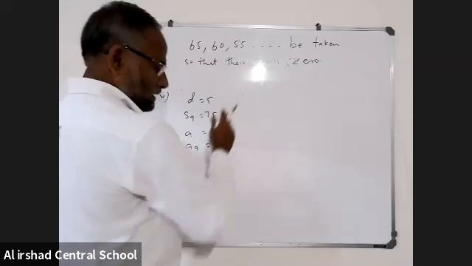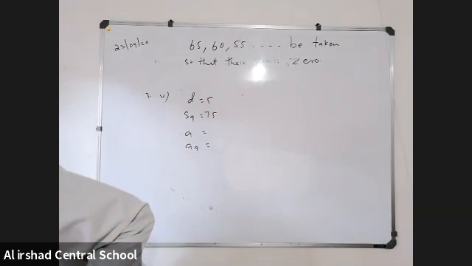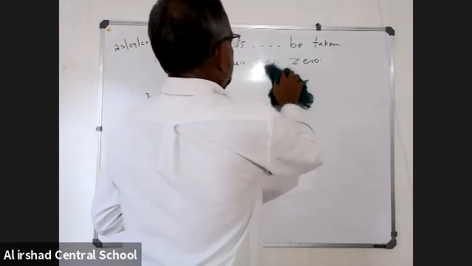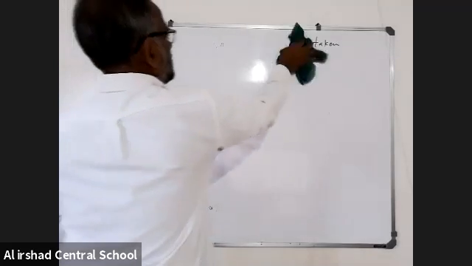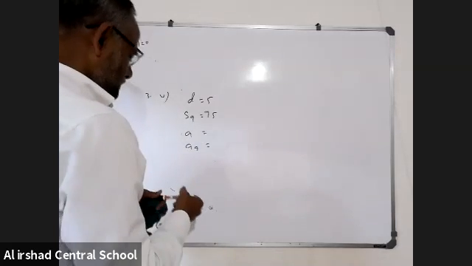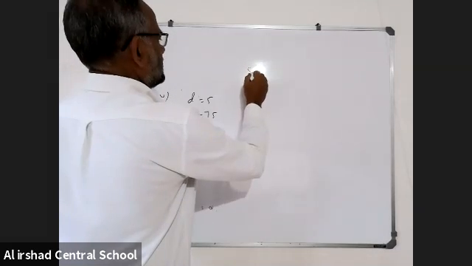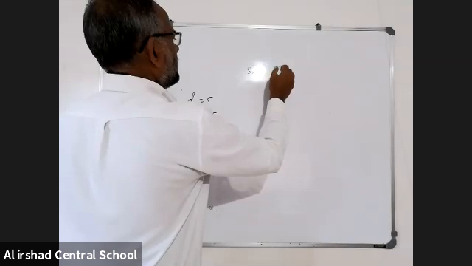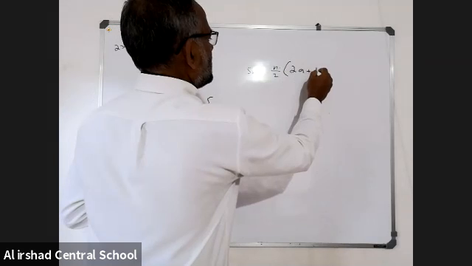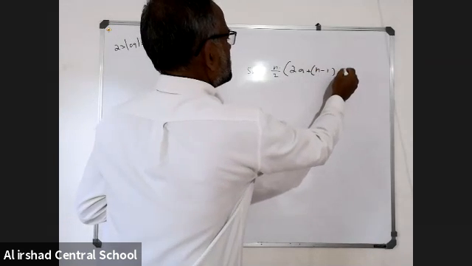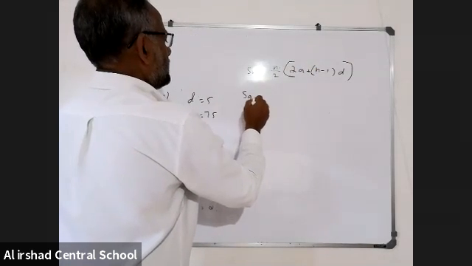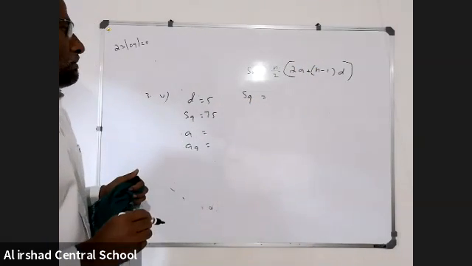S9 is given. What is the formula? Sn is equal to n by 2 into 2a plus n minus 1 into d. Now, what is given we can write S9.